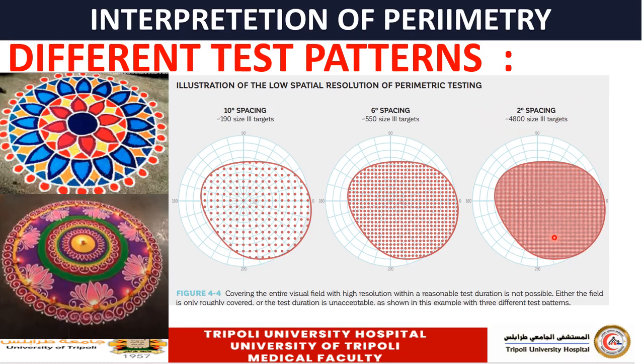If they are 6 degrees apart, you need around 550 spots to be tested. And if you have 10 degrees spacing, you need at least 190 points to be tested. This makes the patient uncomfortable, and hence it will be reflected back on the result, and the result will be unreliable. That's why we concentrate on special test patterns that serve our needs and concentrate on the area of focus that we want to assess the visual function for.